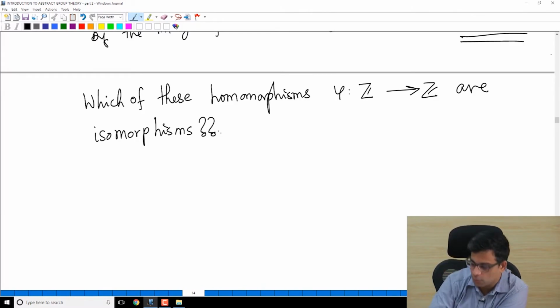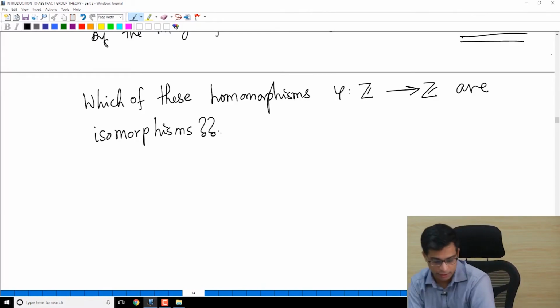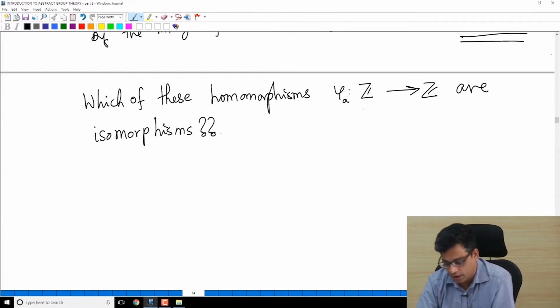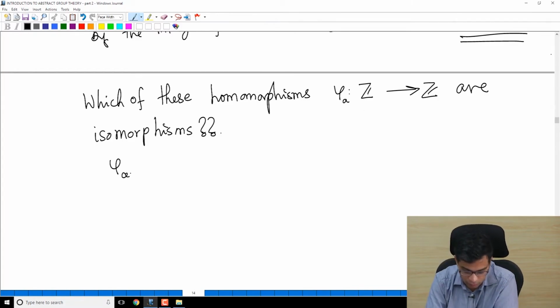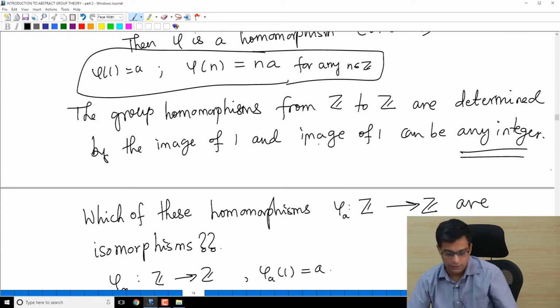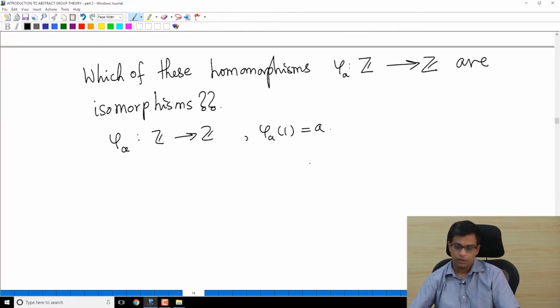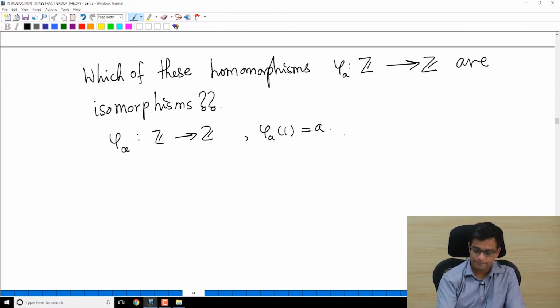Okay, so which of these homomorphisms are bijections is what I am asking now. So I am going to use the letter A as a subscript to denote that phi of A sends 1 to A. So phi of A is the homomorphism from Z to Z sending 1 to A. And the previous problem we have solved by saying that all group homomorphisms of Z to itself are of the form phi of A. So which of these are bijections?